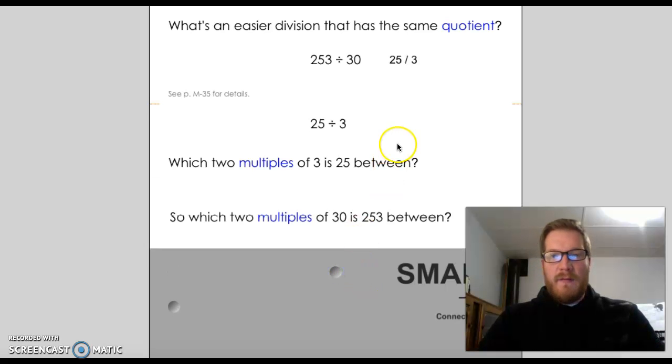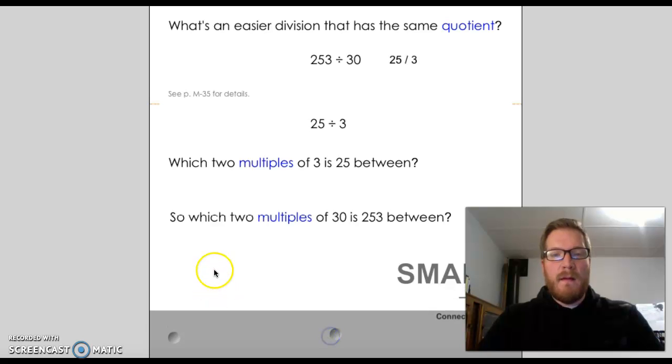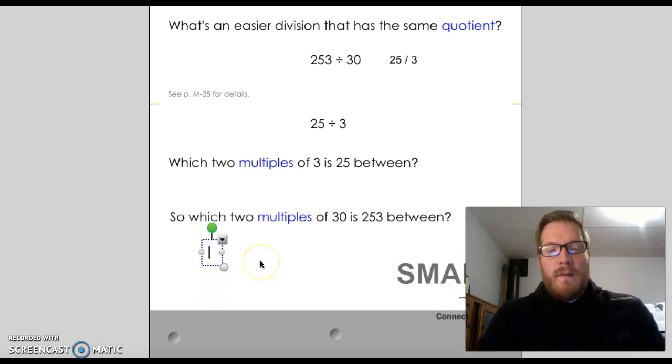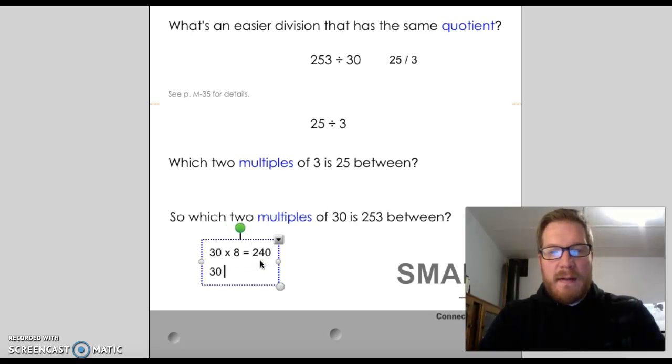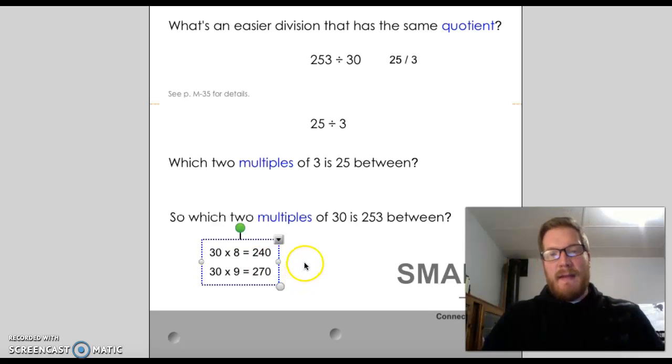So then the two multiples of 30 that 253 is between would again be, I'm going to move that down here a little bit, 30 times 8, which is 240, or 30 times 9, which is 270.